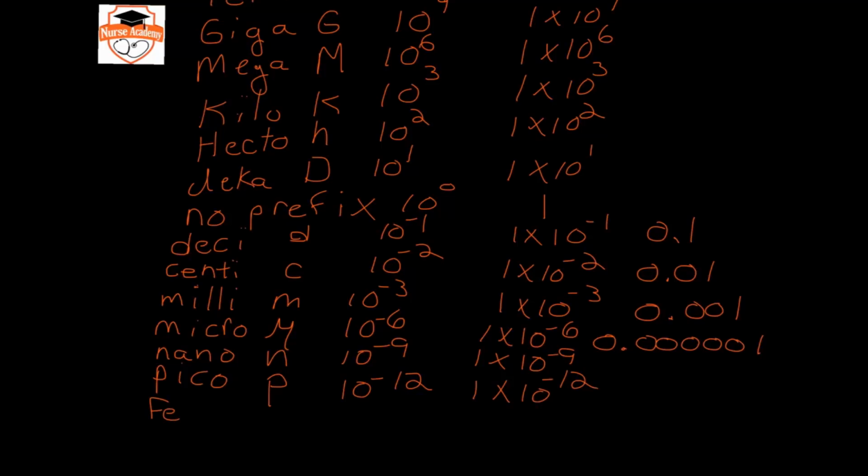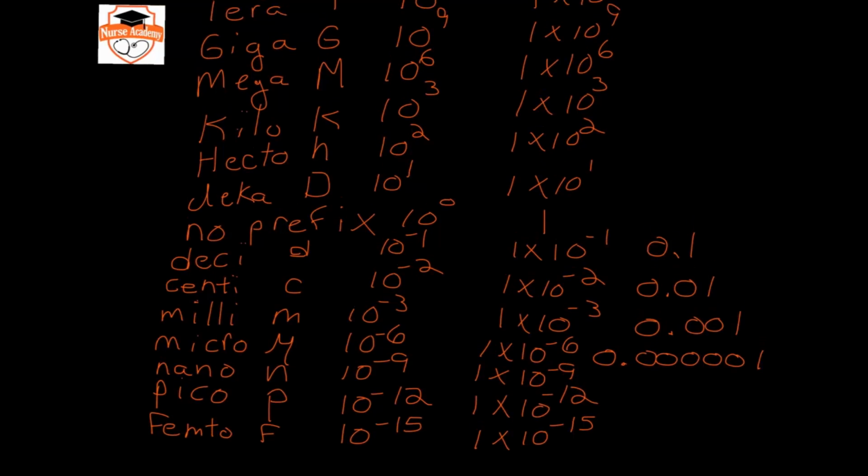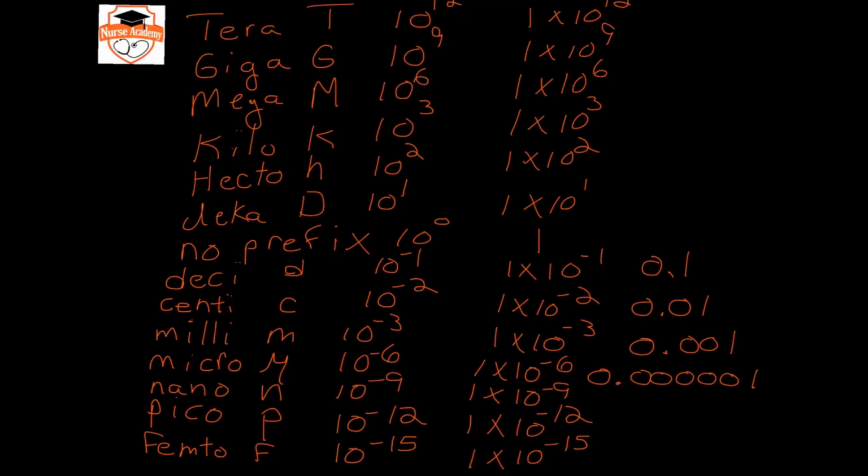And femto, which has the abbreviation of F, and that's 10 to the minus 15th, or 1 times 10 to the minus 15th. Or you could write a 0 with 14 zeros after the decimal point and a 1. So here are all of the prefixes and what they mean that you'll need to know for the nursing exam.